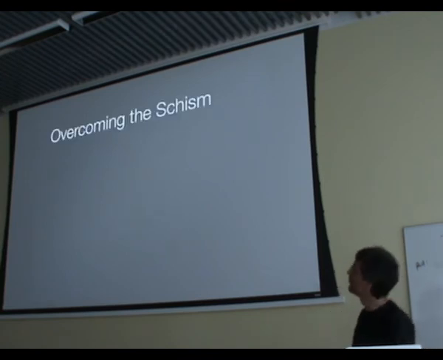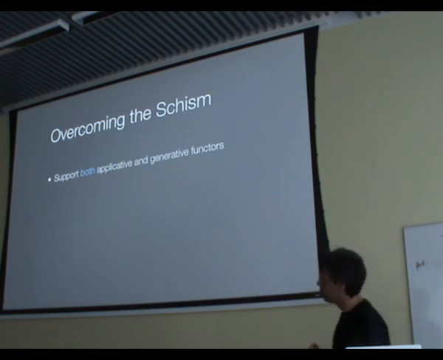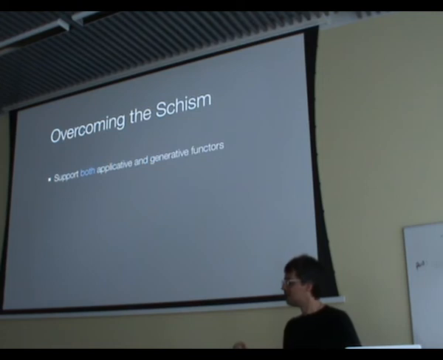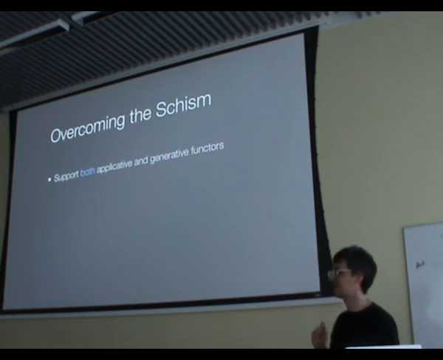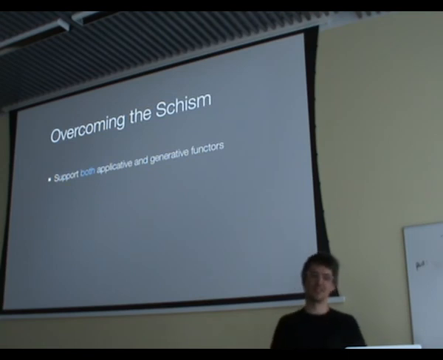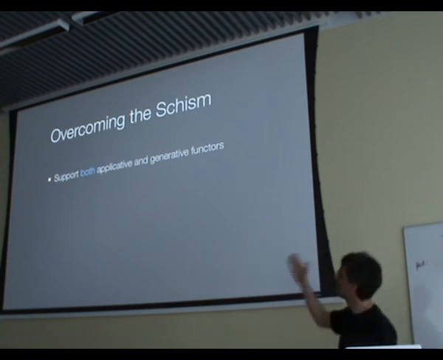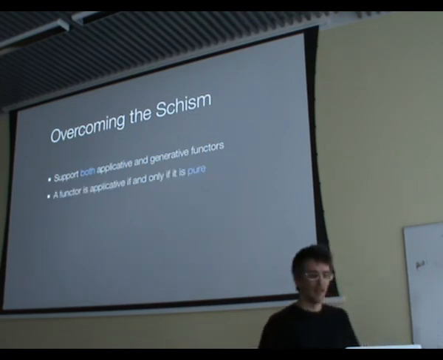So the proposal for fixing that, first of all, the most important observation maybe is, in an impure language like ML, you can have generative functors, you can also have applicative functors, but it doesn't make sense to have applicative functors only. So if you want to have applicative functors, then you need both.